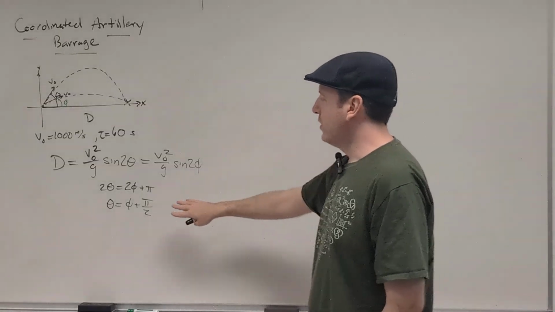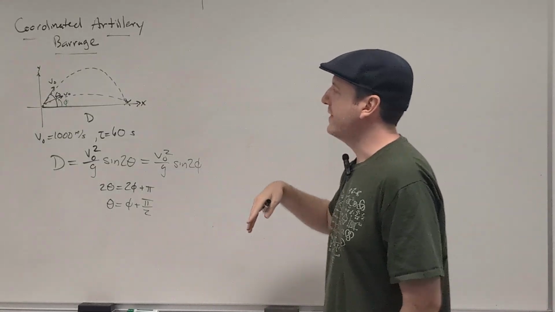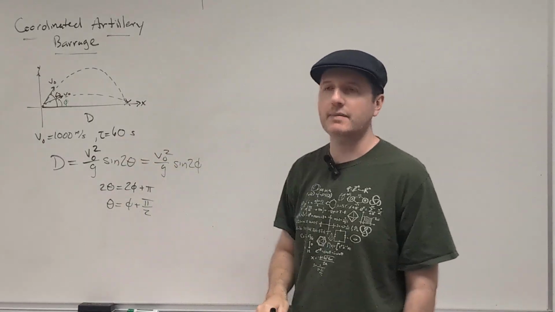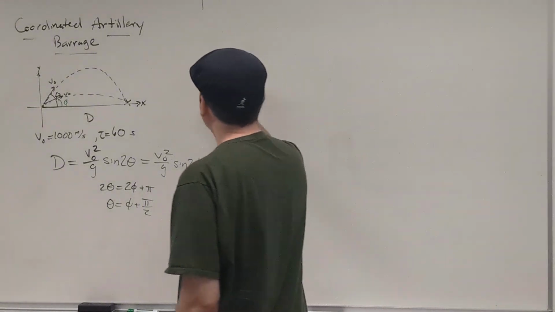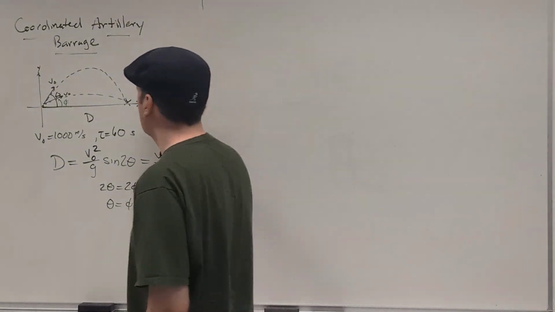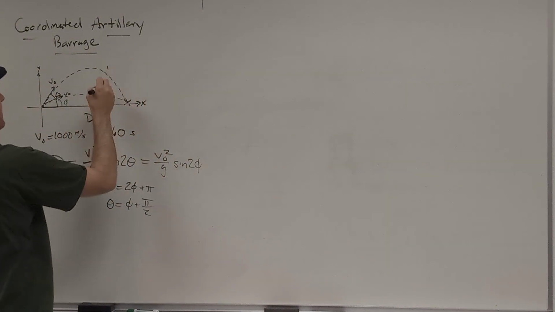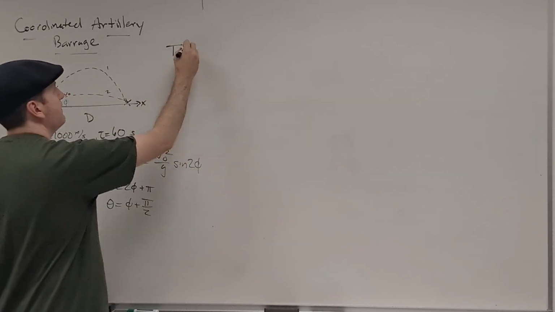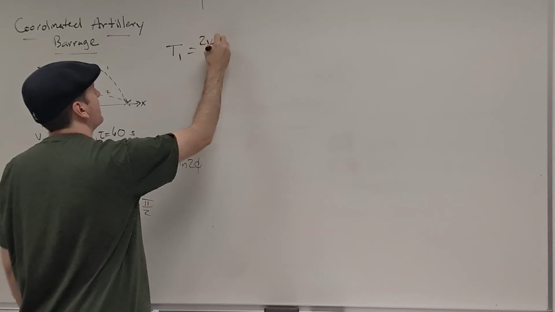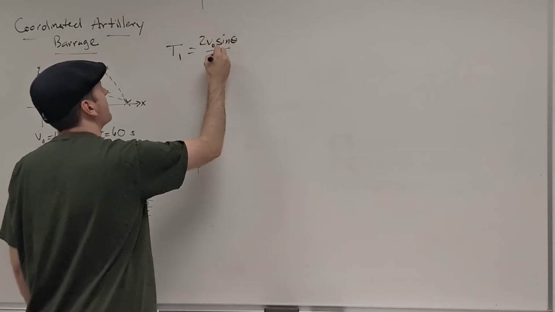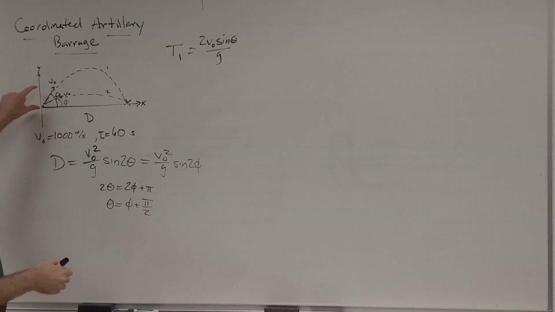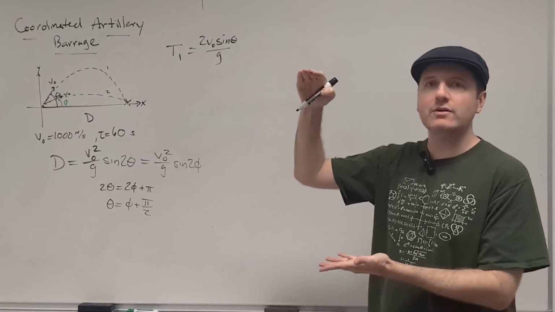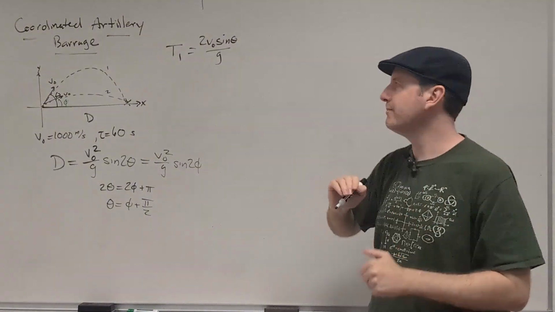Okay, so knowing this, we can now go look at the times of flight, because remember, we have to bake in this 60 seconds somehow. So the easiest way to do this is to say, first of all, maybe I'll label these. I'll call this projectile 1 and projectile 2. The time of flight of projectile 1, we've worked that out before as well. It's 2v sine theta over g. You can just take the y component of the velocity initially and see when that equals 0, then double it.